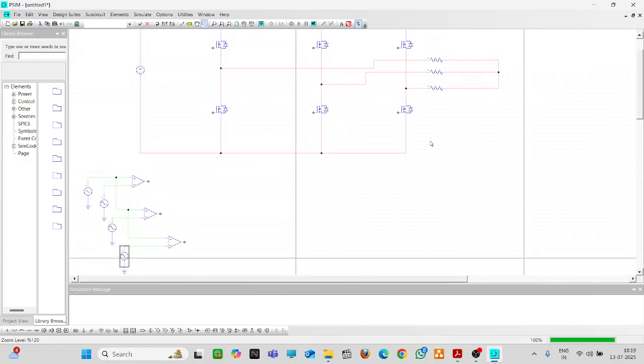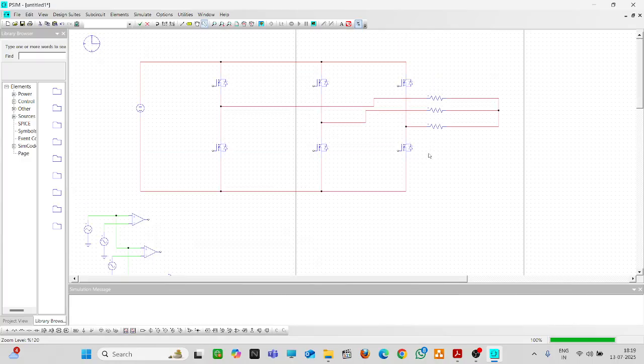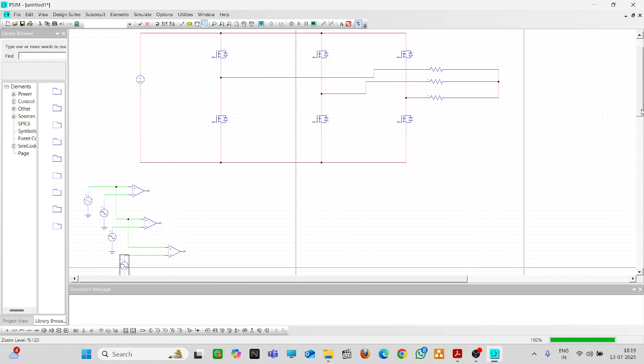This part is done. Now, what is important is that you need to give the pulses. So how to give the pulses and where to give the pulses? For that, you need to have the on-off controller. Both the switches in a leg are operated in a complementary fashion. When this switch is on, this should be kept off. Otherwise, if you apply simultaneous pulses to both these switches, then there will be a dead short circuit.